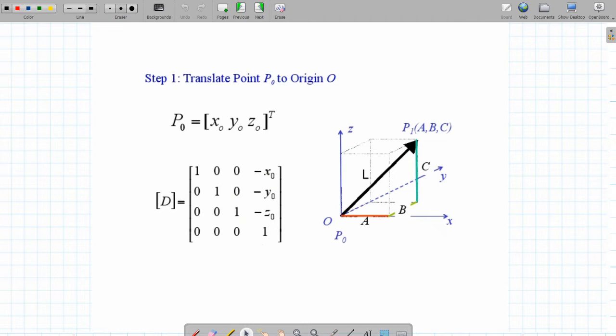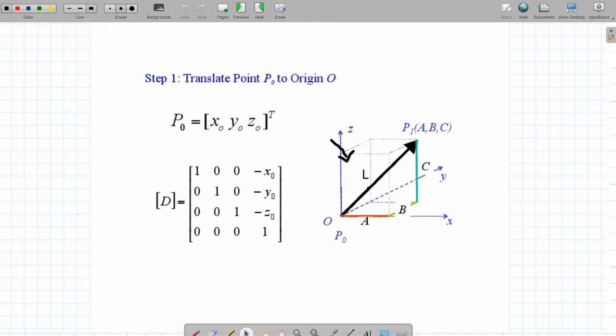Next, as we have discussed, you have to push this translated line so that it lies on the xy plane. You can figure out the xy plane here. For that, you have to find the angle this line L is making with the xy plane. From observation you can find it out. How?